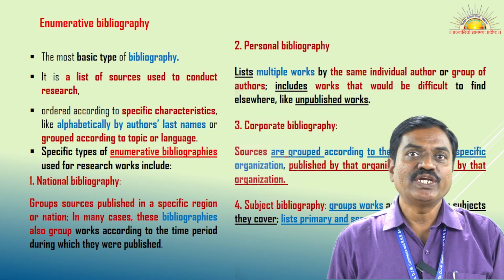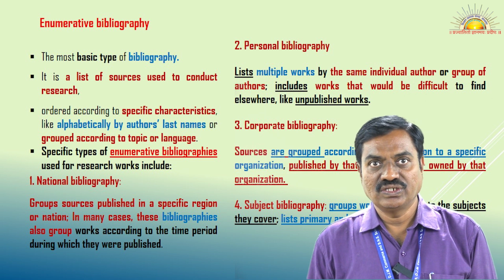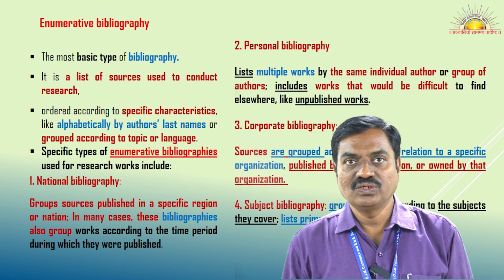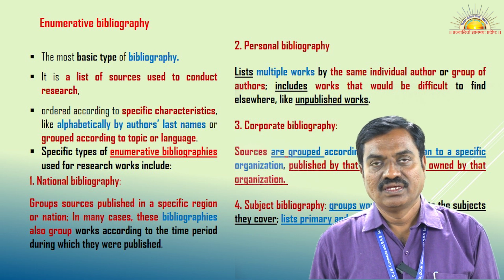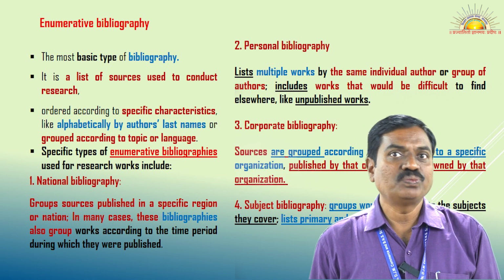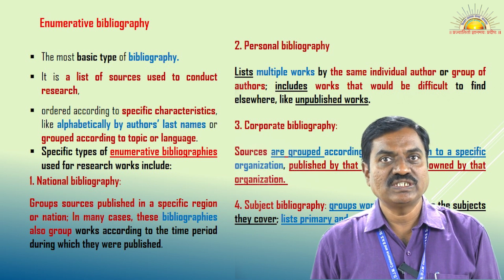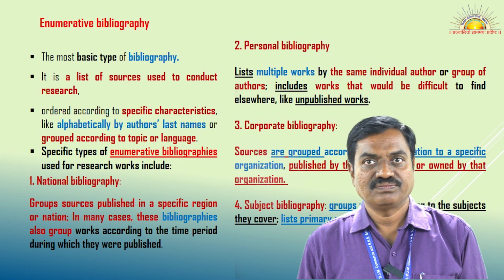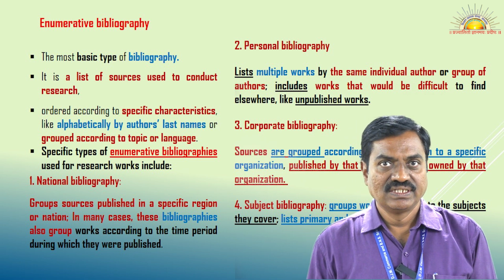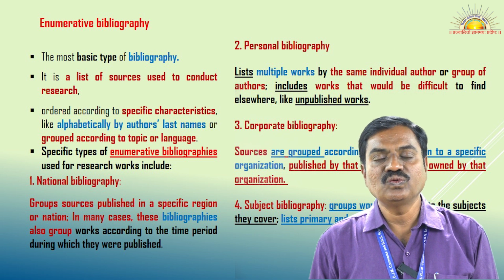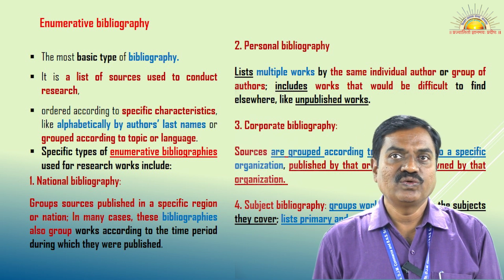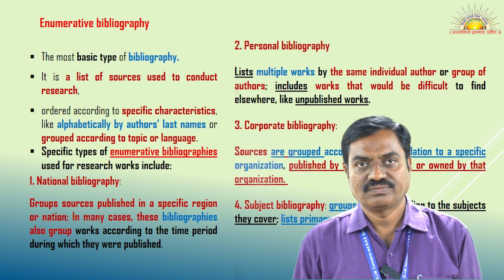Specific types of enumerative bibliographies used for research work include, first, national bibliography. National bibliography groups sources published in a specific region or nation. In many cases, these bibliographies also group works according to the time period during which they were published.